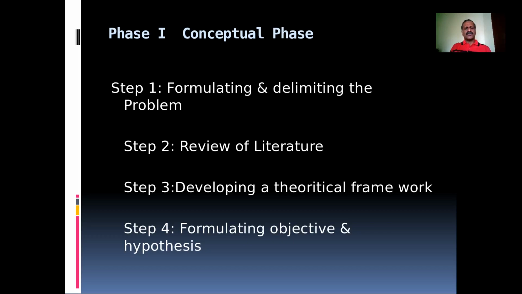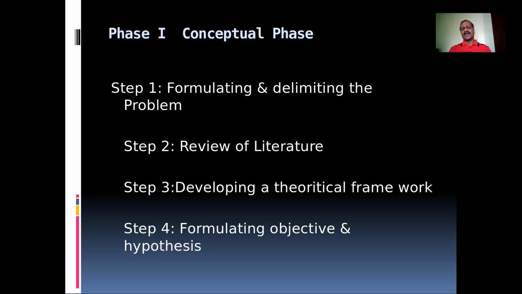So this is a quite extensive step. This is prolonged from the first step to the last step. And this is again a very important step because we learn about the broader and in-depth aspects of our study by reading literature related to the problem.